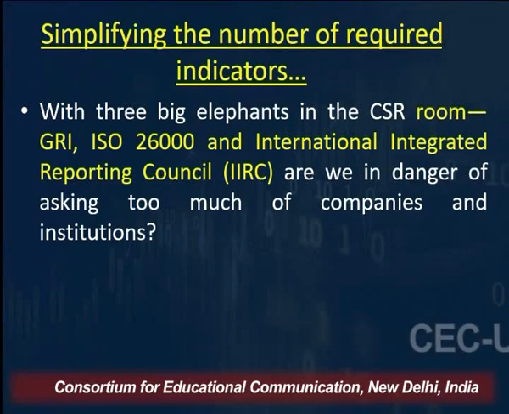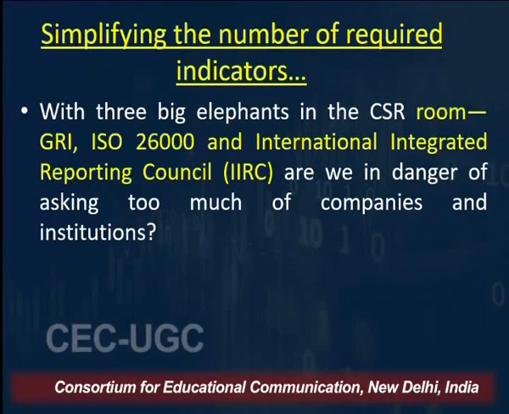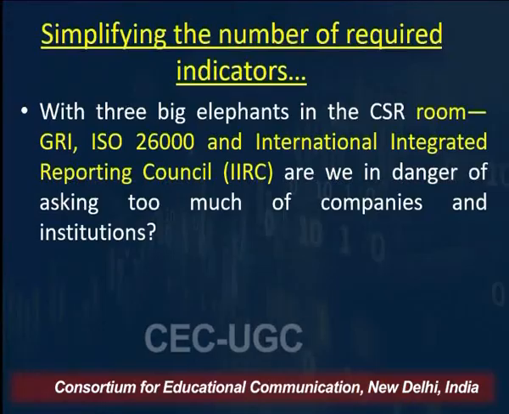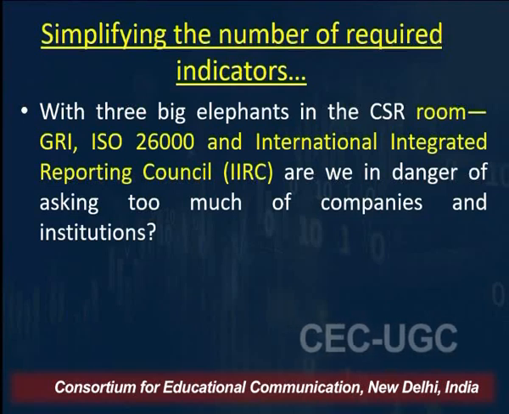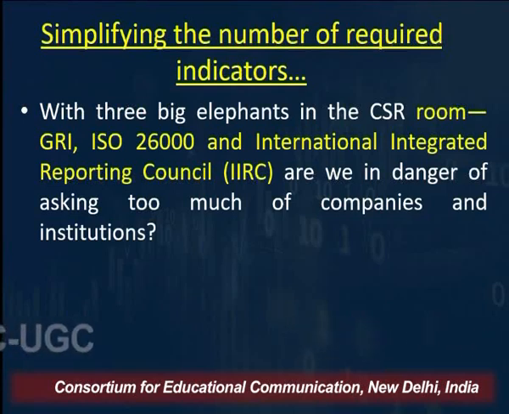When I say big elephants, it is in terms of their popularity or adaptability, as most organizations are adopting either GRI, ISO 26000 or the International Integrated Reporting Council. And the question here is: are we in danger of asking too much of companies and institutions? When we prescribe these standards, we need to realize that these business enterprises are not in the business of reporting their CSR initiatives.